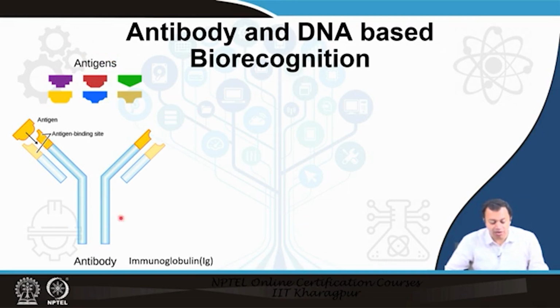This part is common, this part is very specific. Just like a particular key attaches to a particular part of the lock, these antigen binding sites of your antibody attach to a particular virus, pathogen, or bacteria only, and prevent it from hijacking the cellular mechanism of your body and causing any harm.